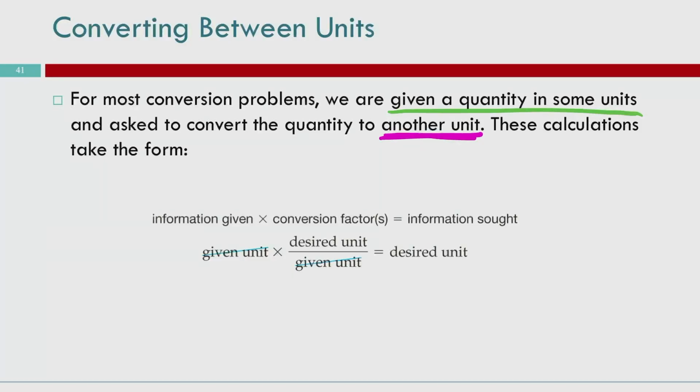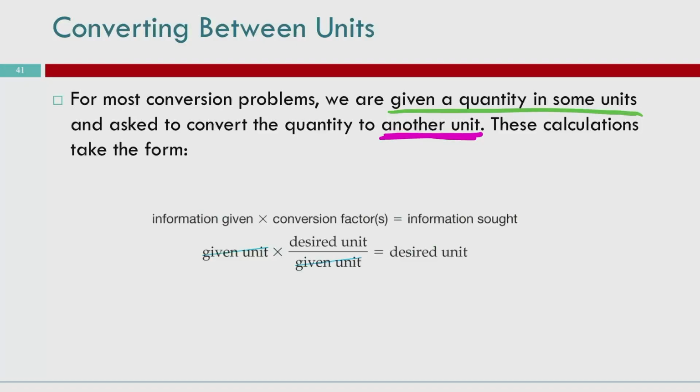If it's in green, that's something that we're given. If it's underlined or in that fuchsia color, that's what we're trying to find. And a lot of times other things are in blue. So we'll have some information that we're given. We want to get to some other information, and we use conversion factors in between.